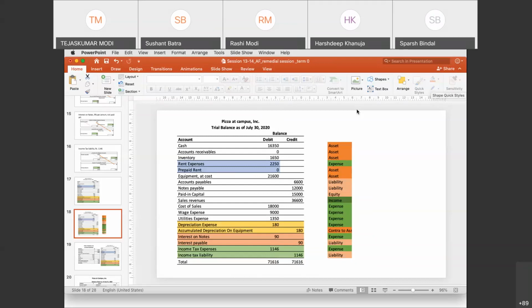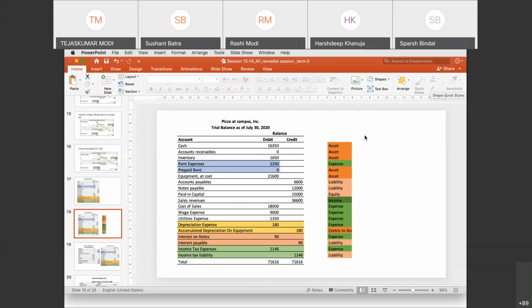Sometimes questions may not tell you everything, but based on our experience and our judgment, we can say that this is direct or indirect. So in this case, based on cost of sales, our judgment is that cost of sales does not include it, so it is an indirect cost. Sometimes we have to make a judgment based on information available, but also look at the name of the business.